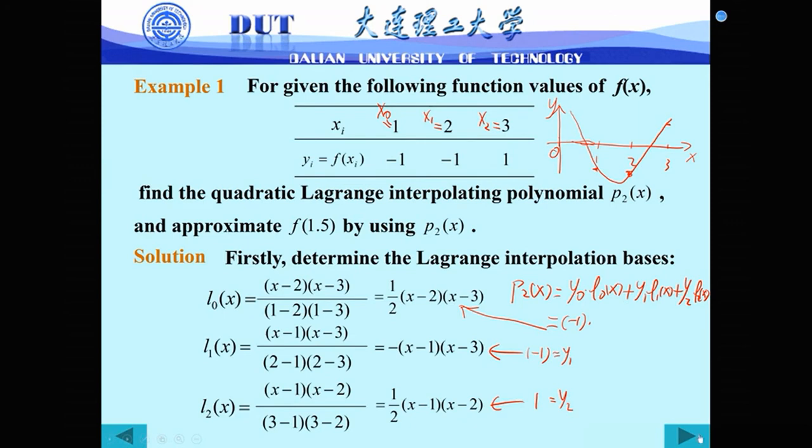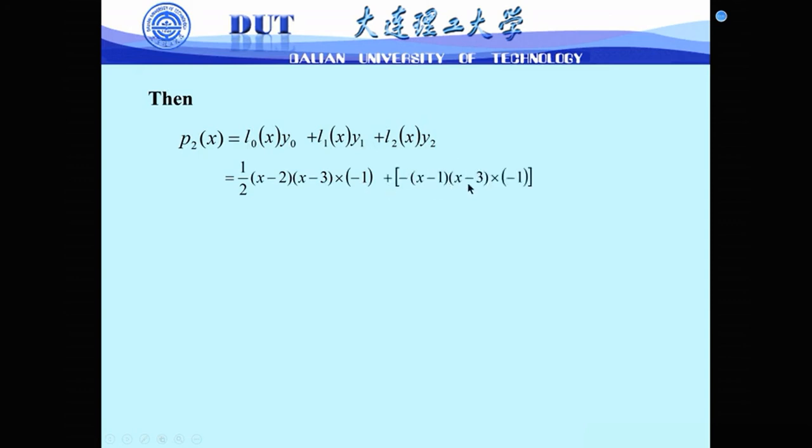Clear? So now we obtain P2(x) equal to L0(x) multiply y0 plus L1(x) multiply y1 plus L2(x) multiply y2. So L0 multiply y0, minus 1. L1 multiply y1, another minus 1, sorry, okay? And L2 multiply y2, it is 1.